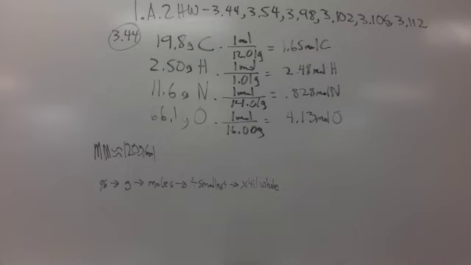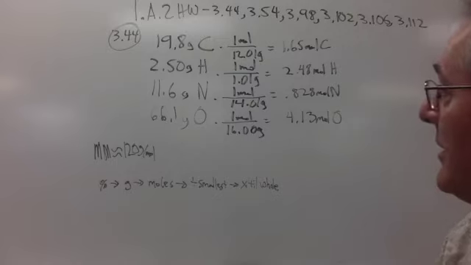You can have any amount of any chemical, so assume you have 100 grams of the chemical, and then you automatically know, because percents of 100 are the same number, that you have, in our case, 19.8 grams of carbon, 2.5 grams of hydrogen, 11.6 grams of nitrogen, and 66.1 grams of oxygen.